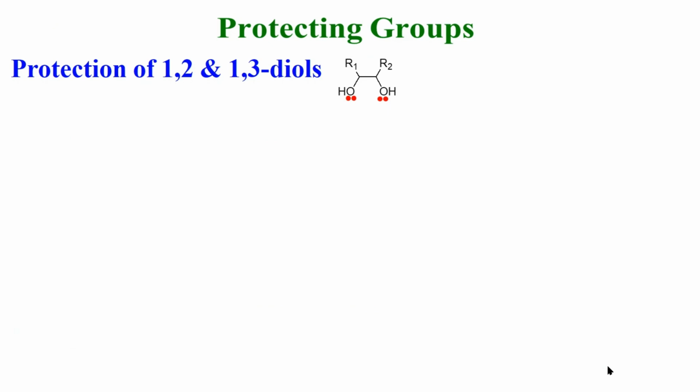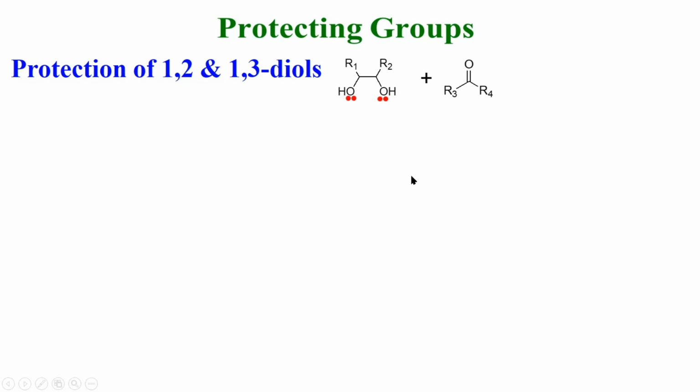The 1,2 diols can be protected by treating with a ketone. In general, we can use acetone. The R3 and R4 here is methyl group.